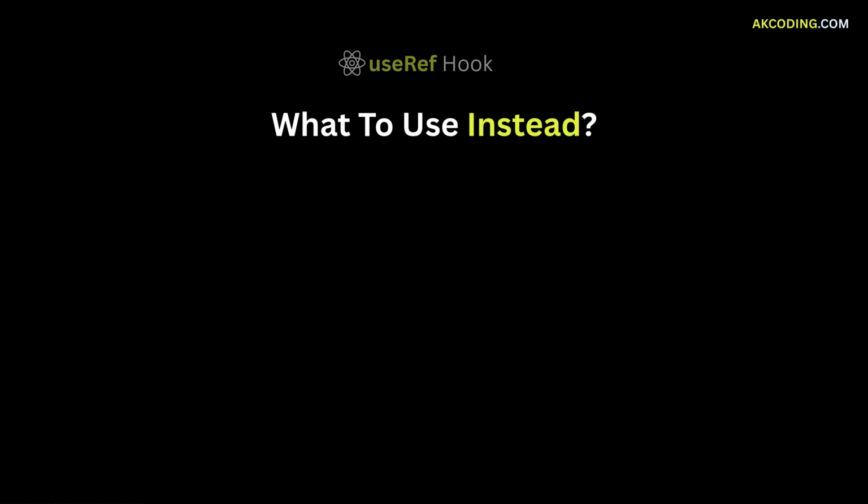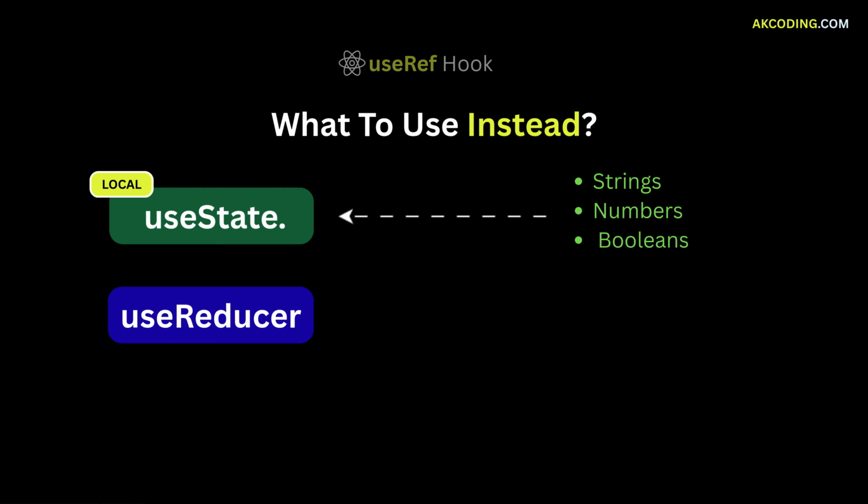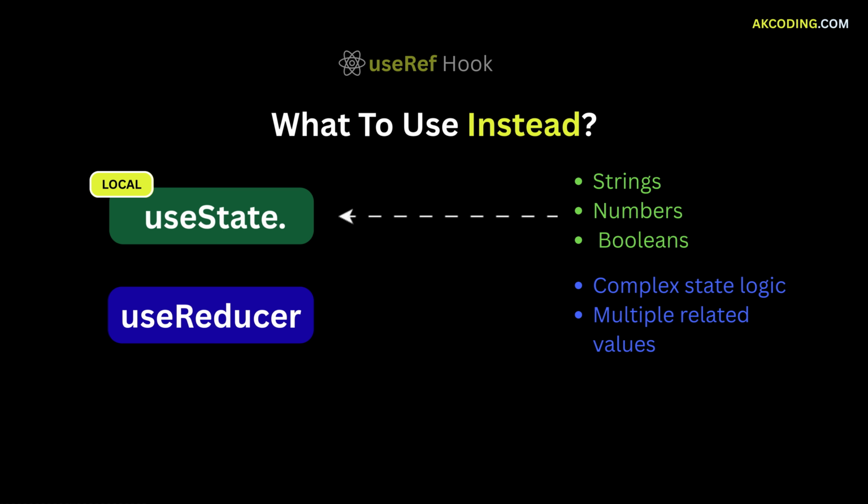Option number 1, useState. If you want to store simple values like strings, numbers and booleans, you can use useState to manage the state of your app. Option number 2, useReducer. You can use useReducer if your state logic is complex and has multiple related values.